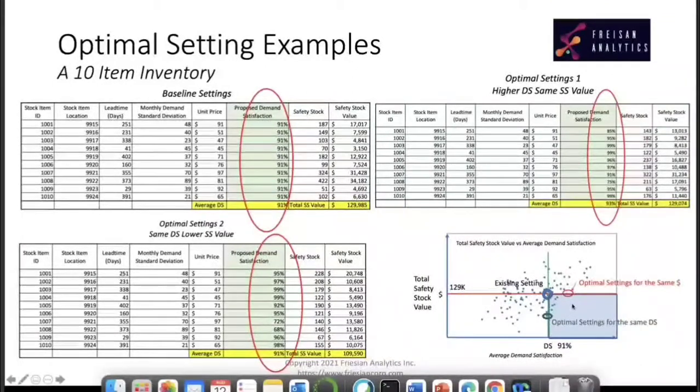Because they have a lower money amount, but they have a higher DS. This is what I said. If we look at the inventory level, you can spend less money and have a higher DS. This is the room for improvement. It's like we get free money, or we get free DS, without spending more money. They are very exciting.